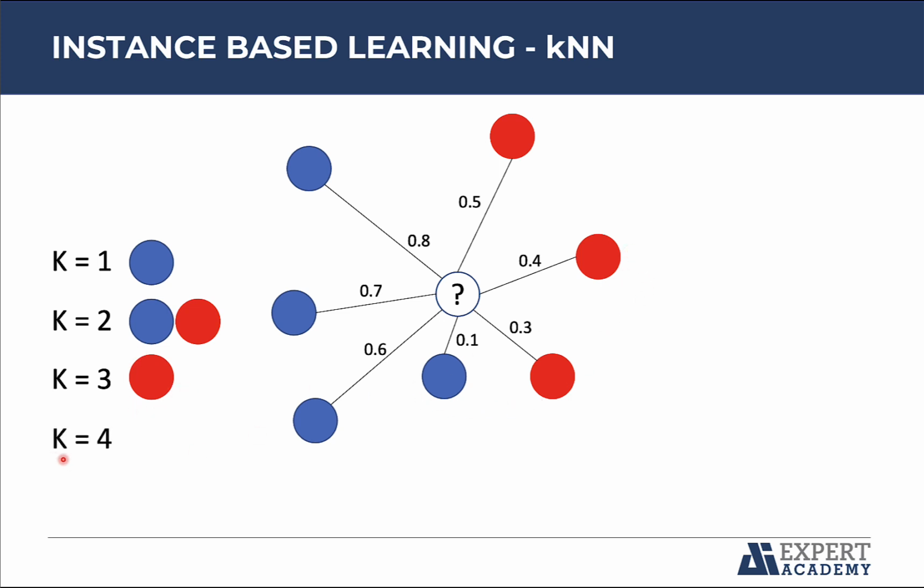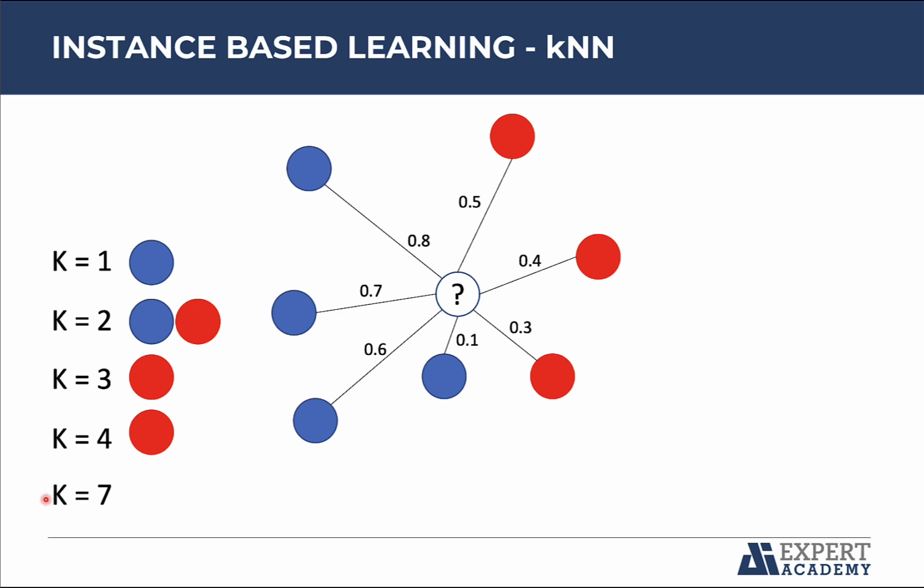If k is equal to 4, we are going to select the 4 closest points, 0.1, 0.3, 0.4, and 0.5. There are 3 red dots and only 1 blue dot. So the new point will be classified as red.